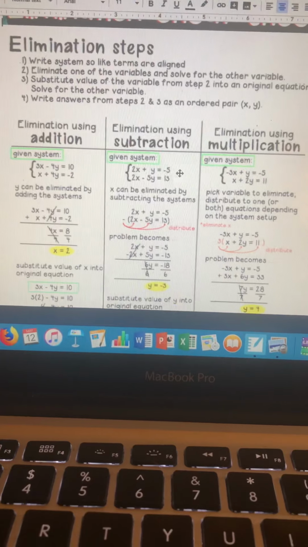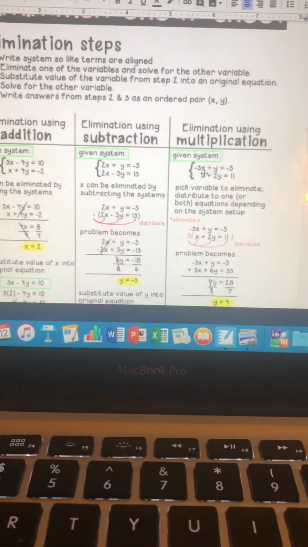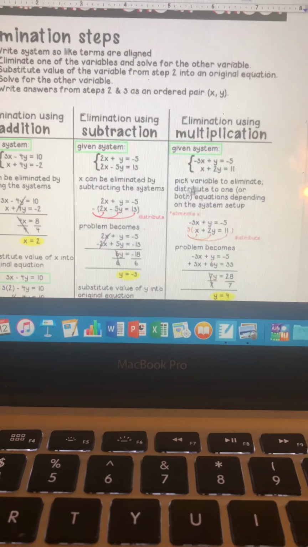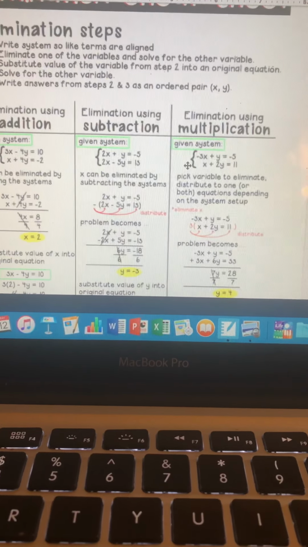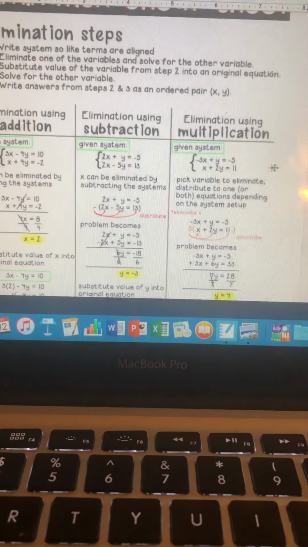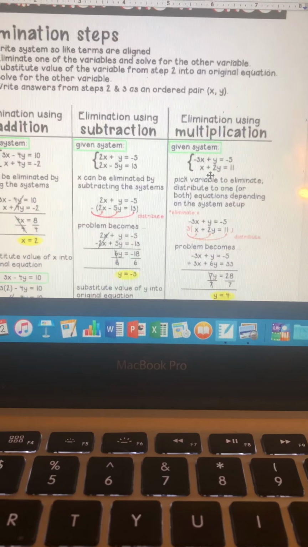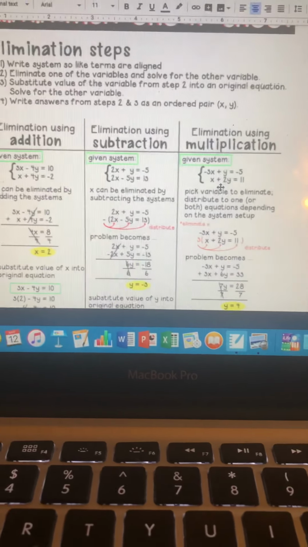We use subtraction when we are given coefficients that are the same, and we use multiplication when our coefficients do not match. We multiply our entire system by a common factor, a constant that will make the coefficients that we choose to either be opposites or the same so that we can eliminate and continue solving.